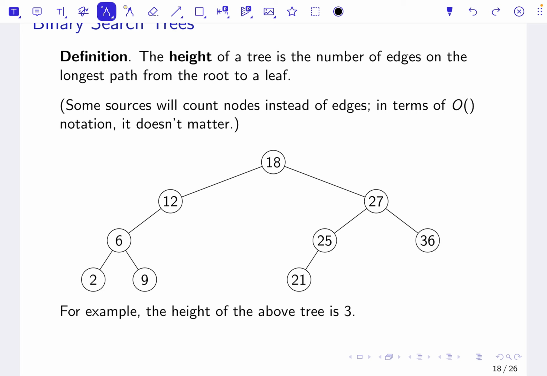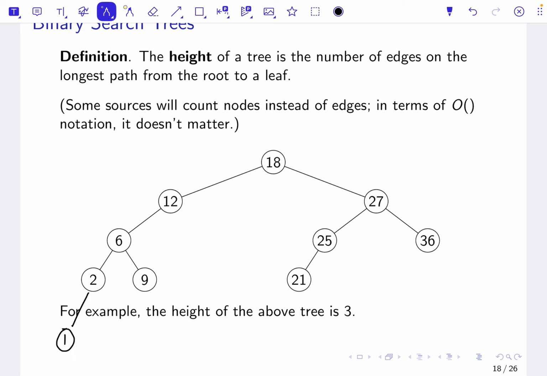The worst case for insert must be if we're inserting a new node on the longest path from a root to a leaf. Something like this.